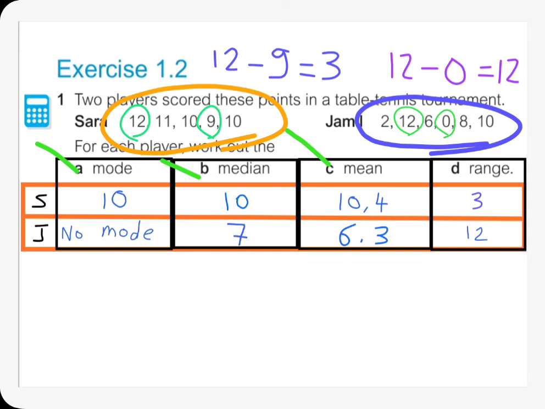And the last one was the range. The range, you take the biggest data and the lowest data, you subtract them from each other, and you get the range. So with Sarah, we said that 12 minus 9 equals 3, which is the range. And for Jameel, it was 12 minus 0, which is 12. And this is how you answer a question like that.